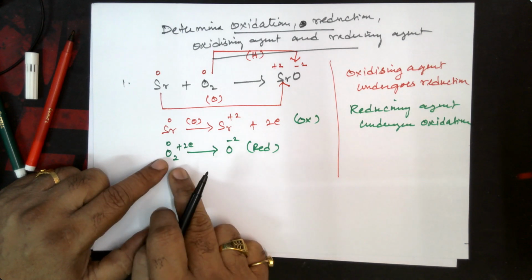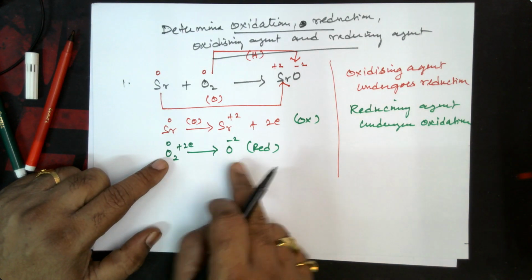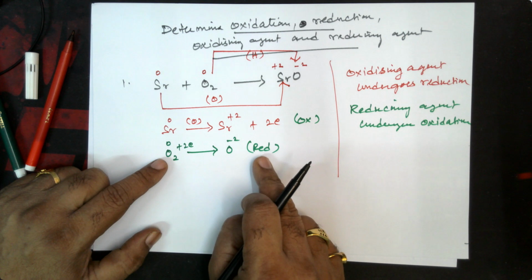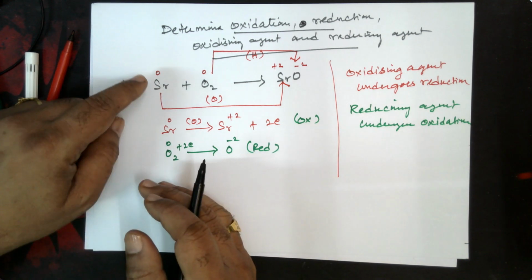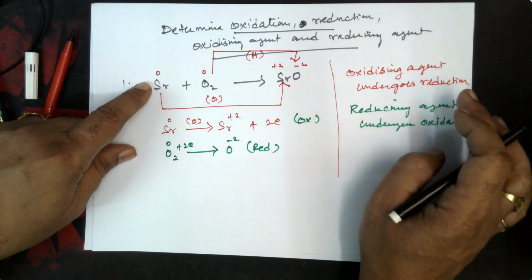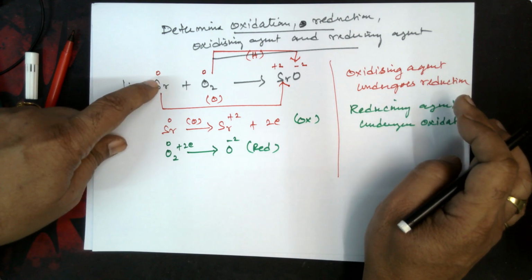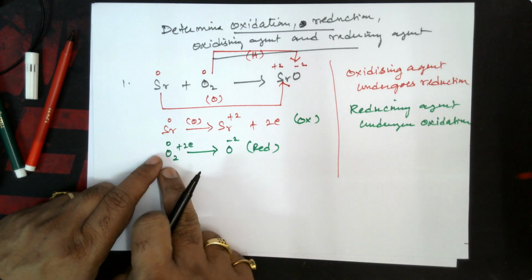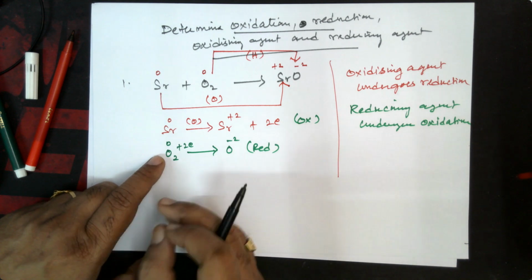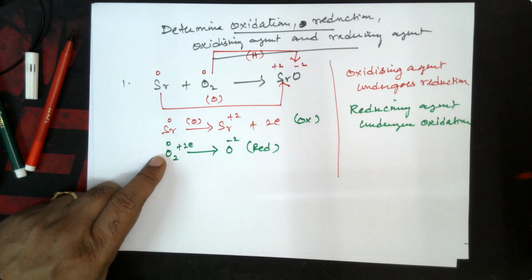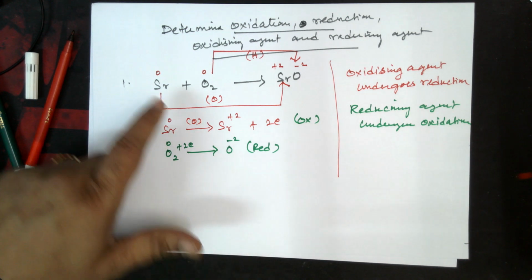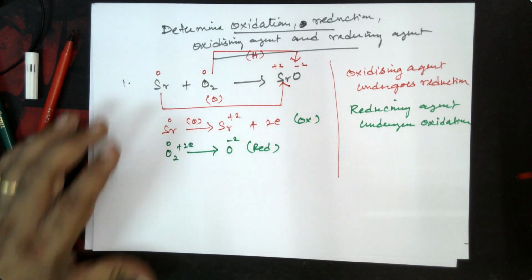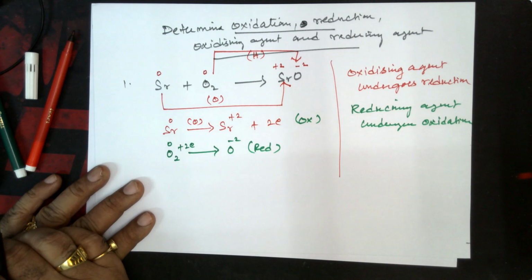It means oxygen supplies oxygen, is it not? And that is why there is a loss to that. So it undergoes reduction. Is it clear? In terms of oxygen. Whereas here, this one undergoes oxidation, being an oxidizer, and oxygen, it is capable of delivering oxygen. So it undergoes reduction. Whereas in this case, it accepts the oxygen. Okay, so it undergoes what? Oxidation. Are you able to follow? Right.